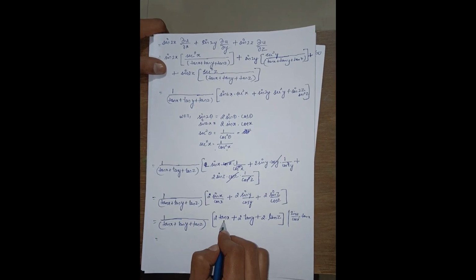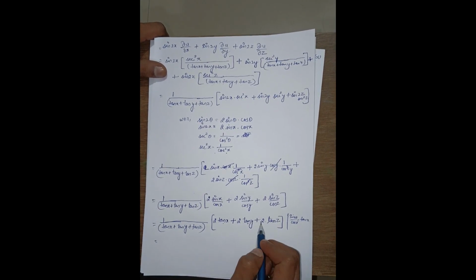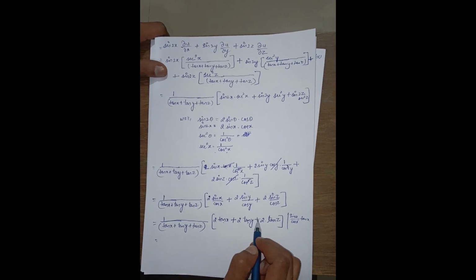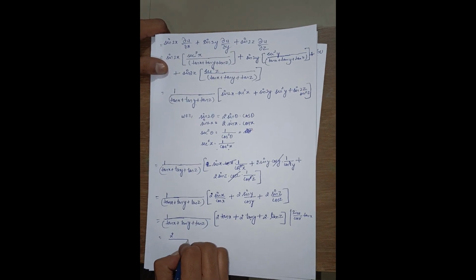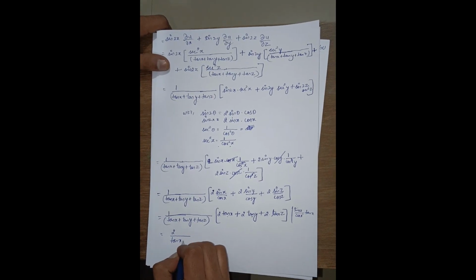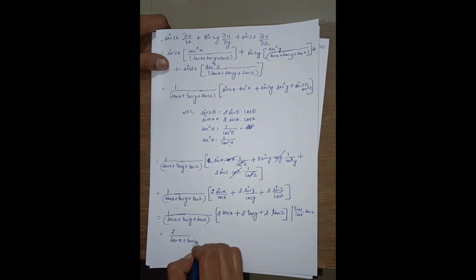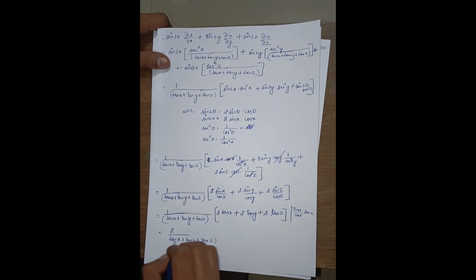Here we have tan x, tan y, tan z, but we have 2 common in these 3 terms, so I will take it outside. I'll write tan x plus tan y plus tan z as it is.